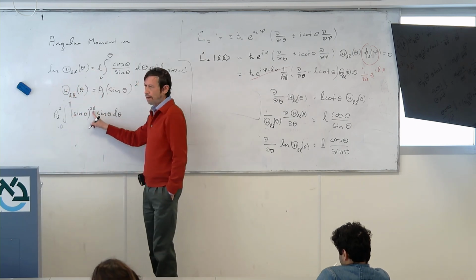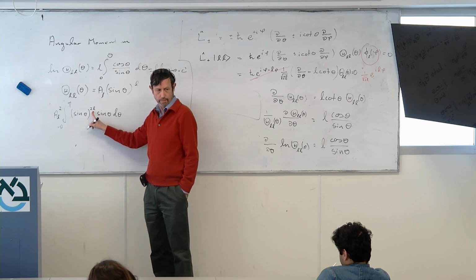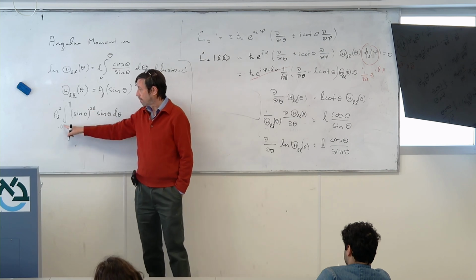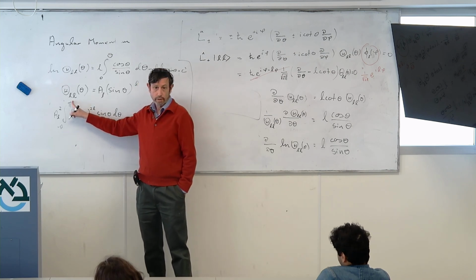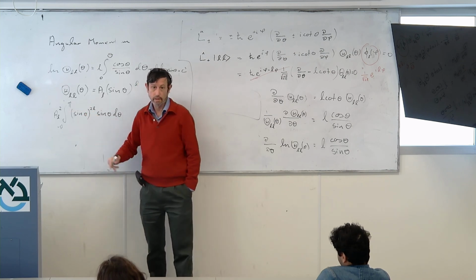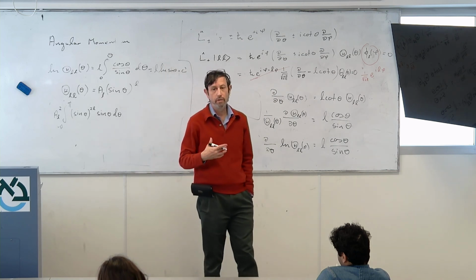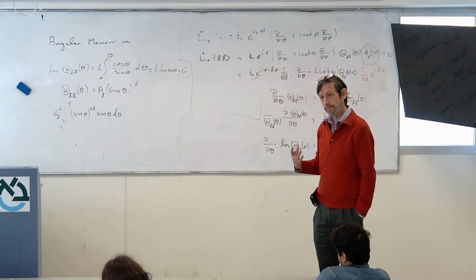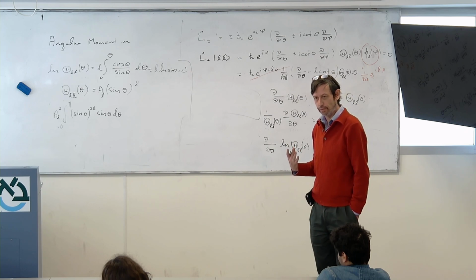So it's just a power of sine to the 2L plus 1. And because it's between 0 and pi, although it's an odd function, nevertheless it's not 0.